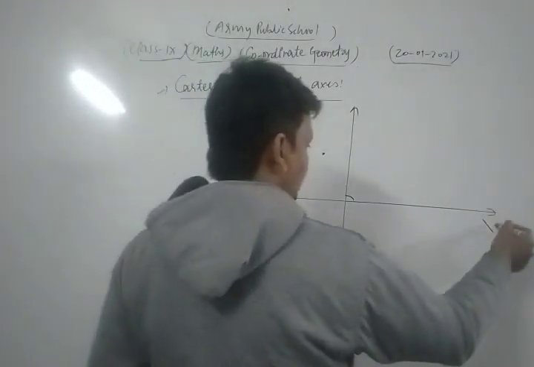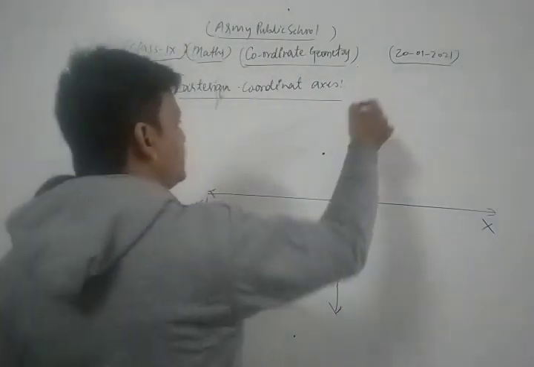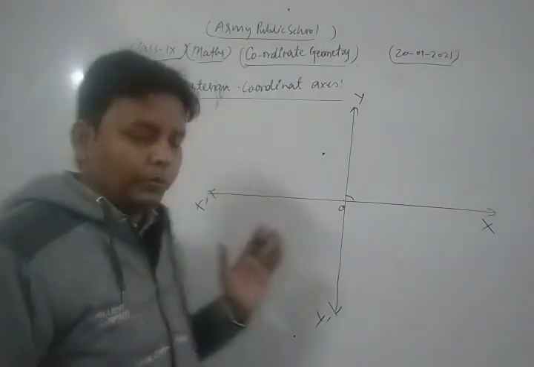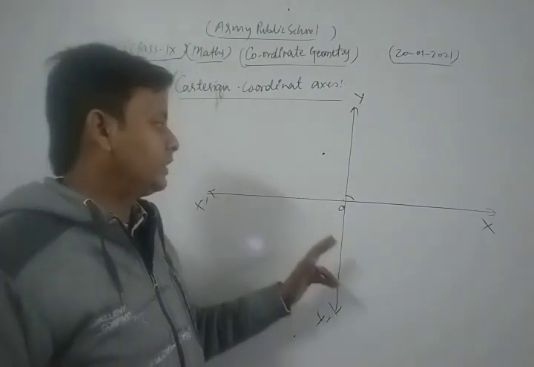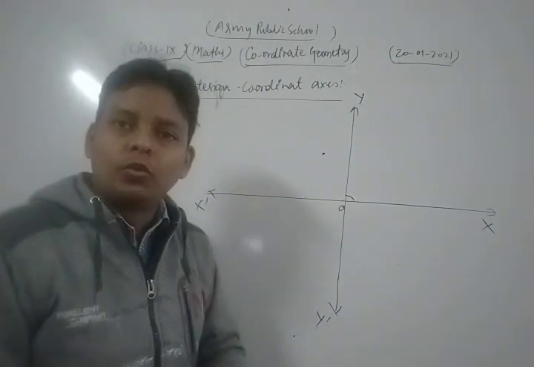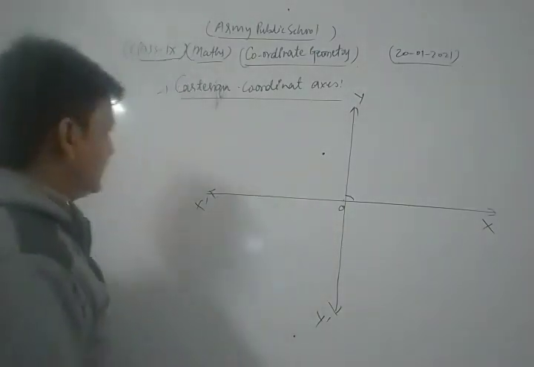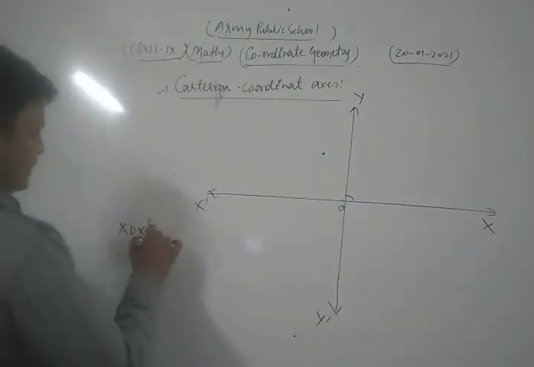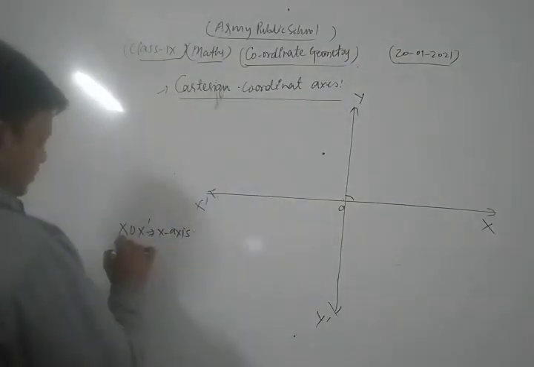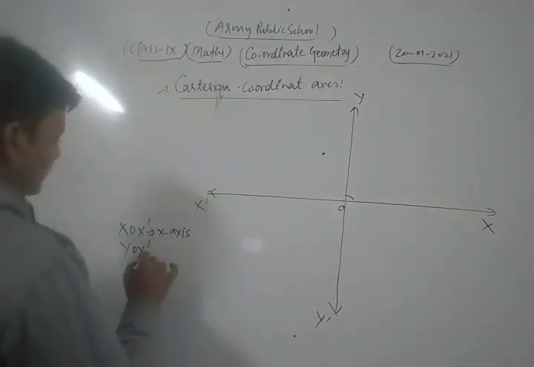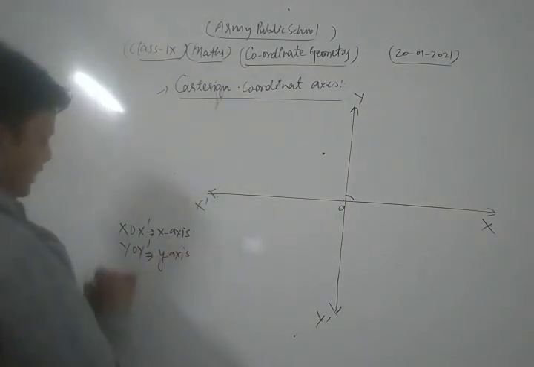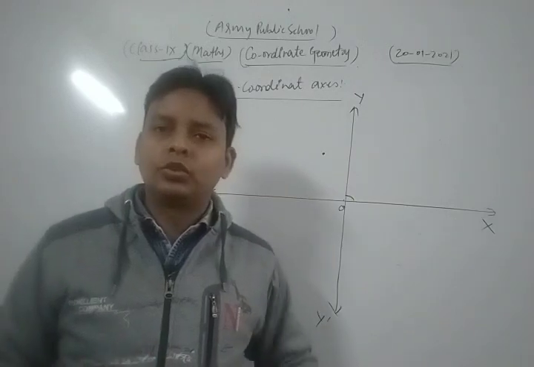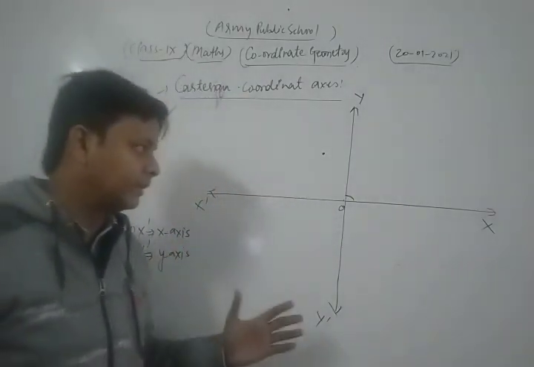They are called XOX dash and YOY dash. XOX dash is called the x-axis, and YOY dash is called the y-axis. So these two mutually perpendicular lines are known as the x-axis and y-axis.